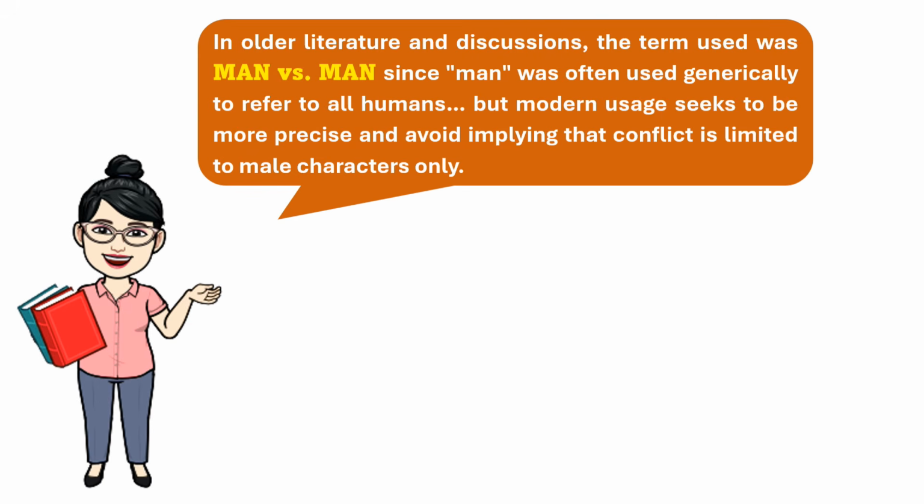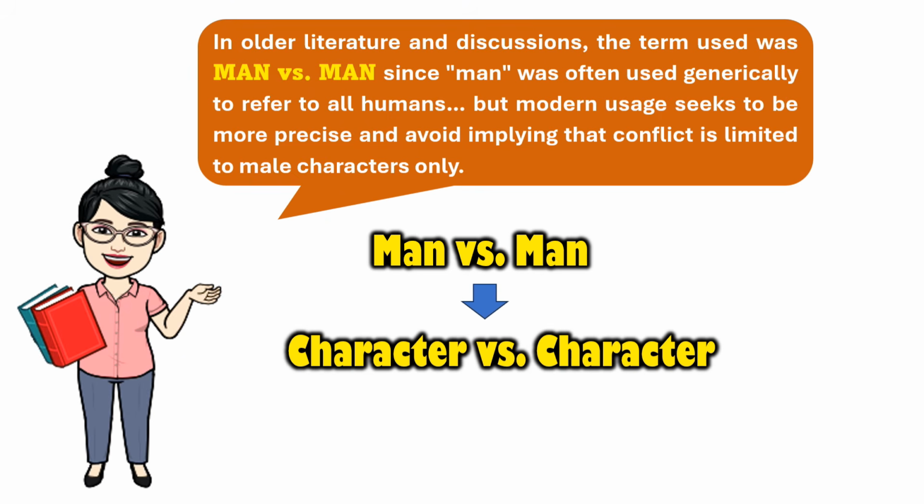In older literature and discussions, the term used was man versus man, since man was often used generically to refer to all humans. But modern usage seeks to be more precise and avoid implying that conflict is limited to male characters only. Therefore, the term man versus man has evolved into character versus character to reflect a more inclusive and gender-neutral language.